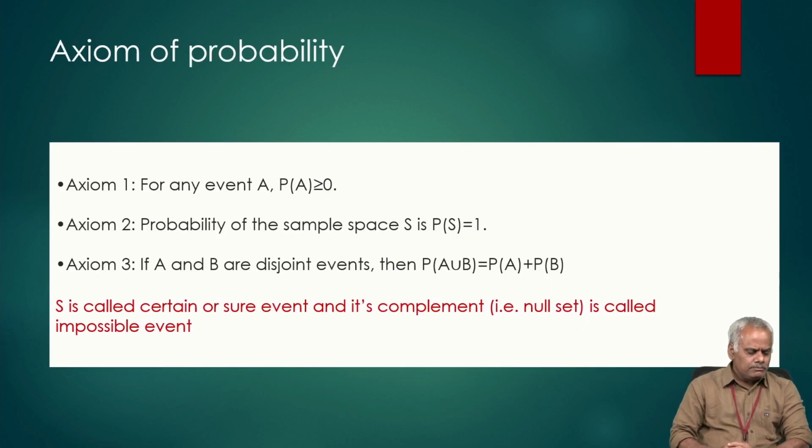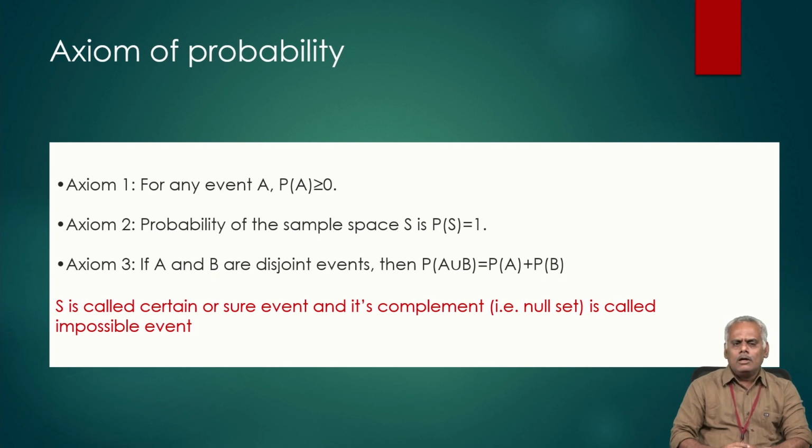Now we define the axioms of probability. There are 3 basic axioms of probability. The first one: for any event A, probability of A is greater than or equal to 0. Second, probability of sample space S is 1, that is P of S is equal to 1.